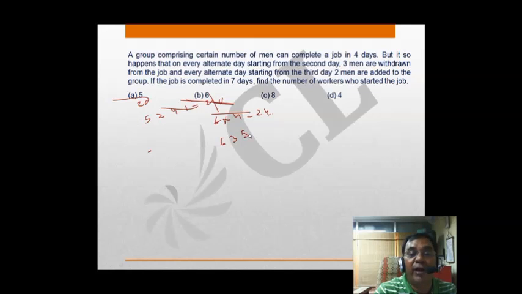Again 5. Again 2, 4, 1, 3. Now this will be the finish of the work. 6, 3, 9, 14, 16, 24. This matches and this becomes the answer.